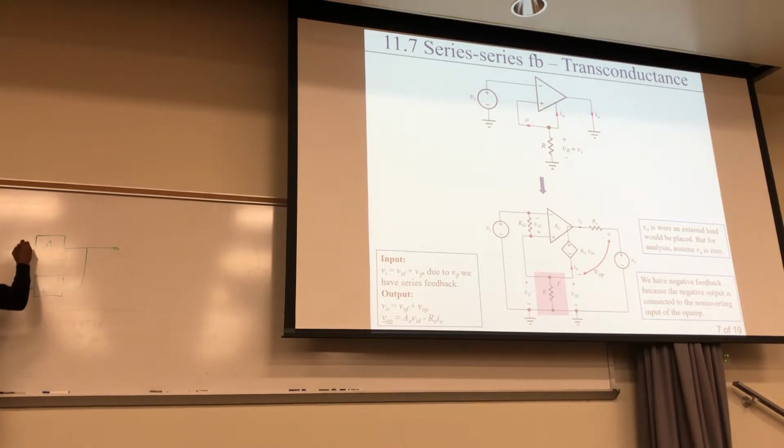And this is plus, that's minus. And here's our input. Right? So that pink part right here is this. This part up here is this part right here. And so it's negative feedback. Okay, so it's going to be stable.